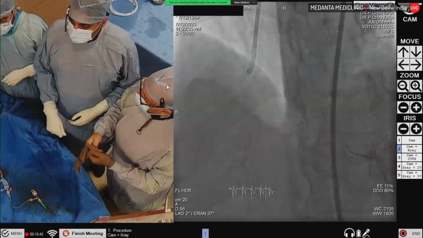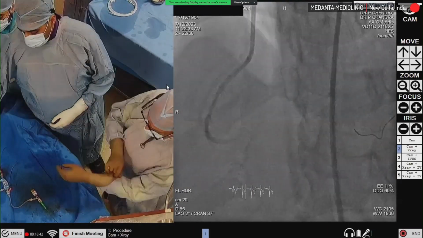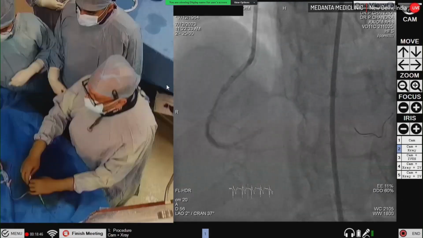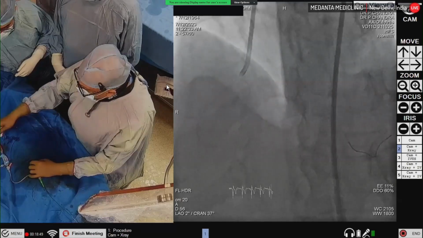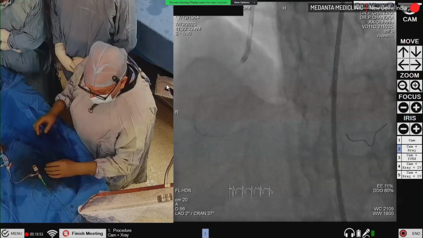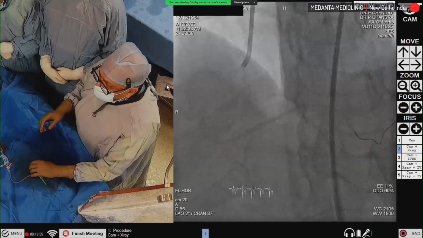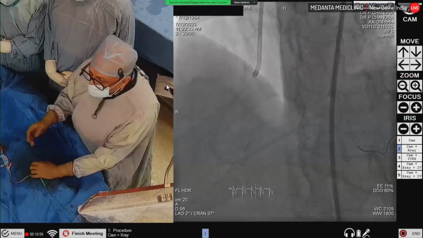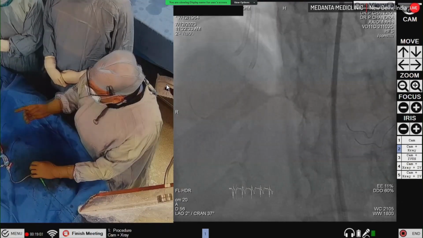Okay, so as you already mentioned, this right coronary artery is the culprit today, and he has been a thrombolized patient, acute coronary syndrome. So we have given heparin and dual antiplatelets are already loaded. So we will do an IVUS now.